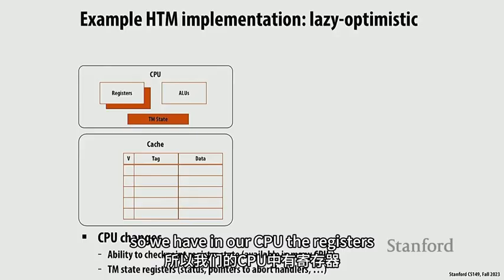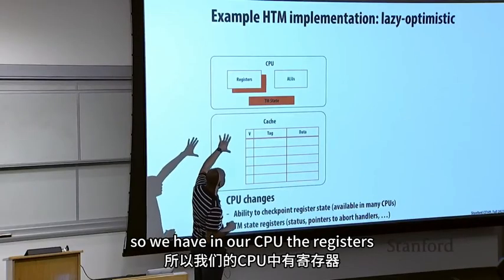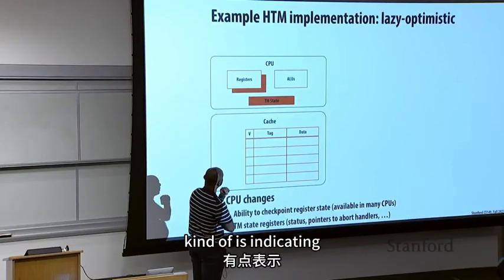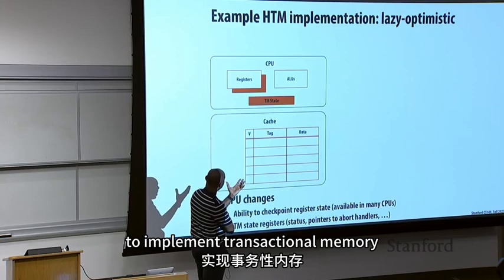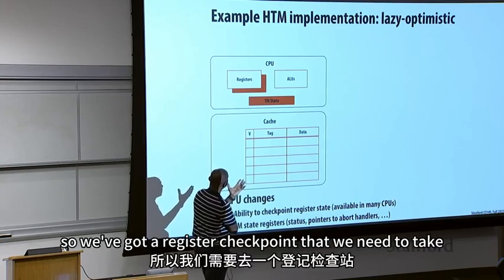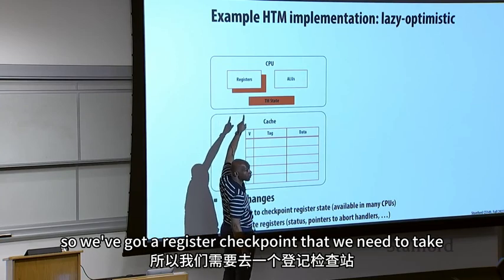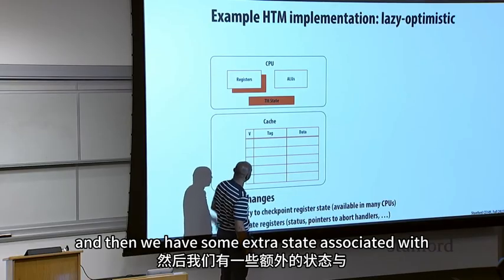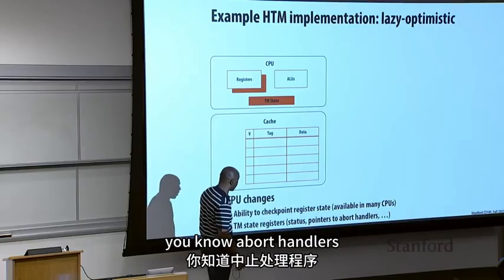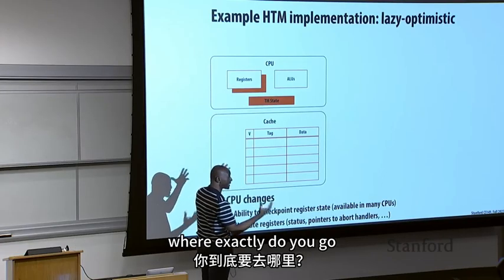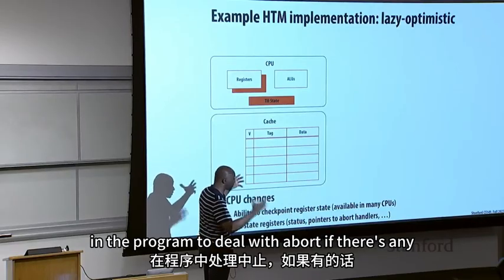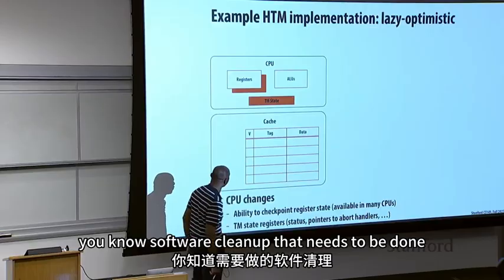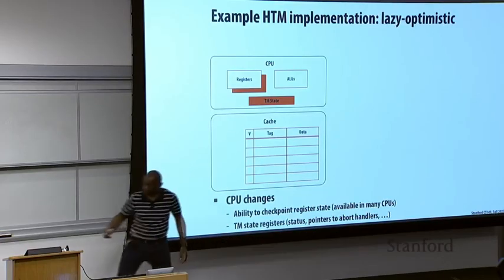So we have in our CPU the registers, and the red state is indicating the extra state that we need to implement transactional memory. We've got a register checkpoint that we need to take, and then we have some extra state associated with abort handlers. Where exactly do you go in the program to deal with aborts, if there's any software cleanup that needs to be done?